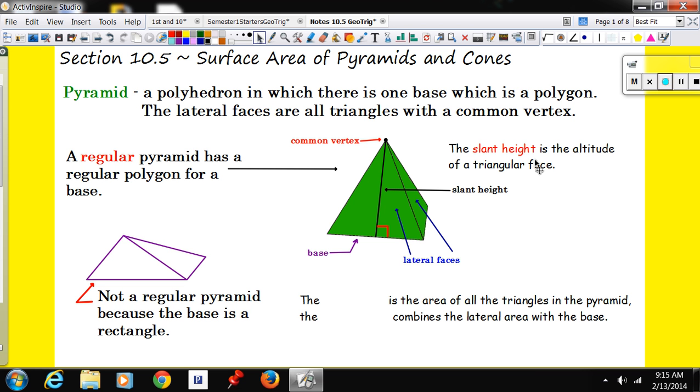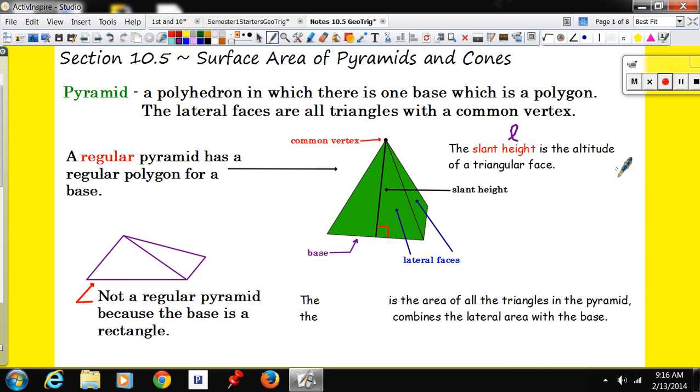Like if you're climbing up the pyramid, you want to see that. That's the slant height. The letter we use for the slant height is usually a small L. Now, I couldn't do too many small L's very well in my other slides because they look like ones. And see, this looks like just a straight line. So slant height should be a cursive L. That's kind of what they use.